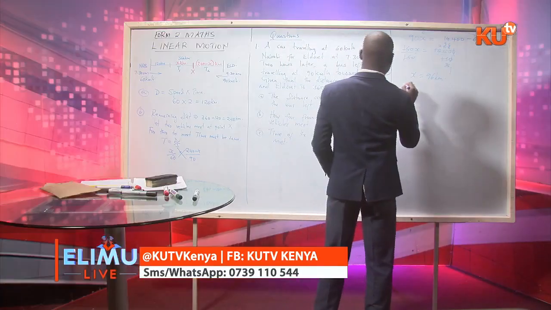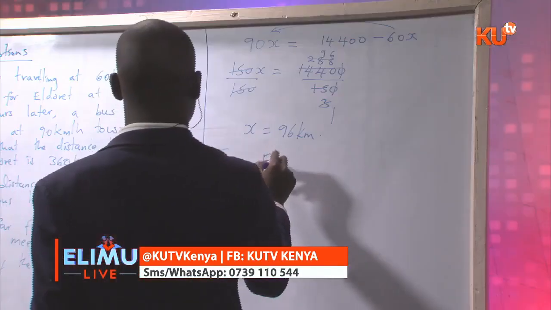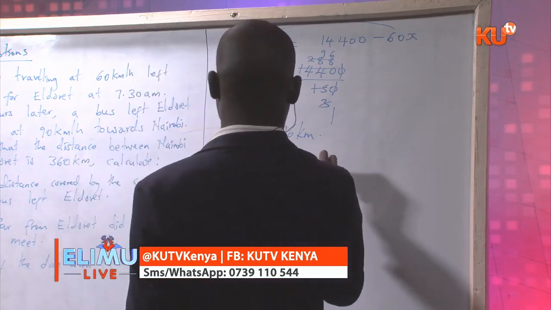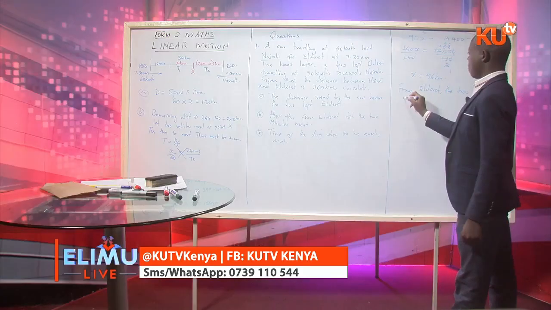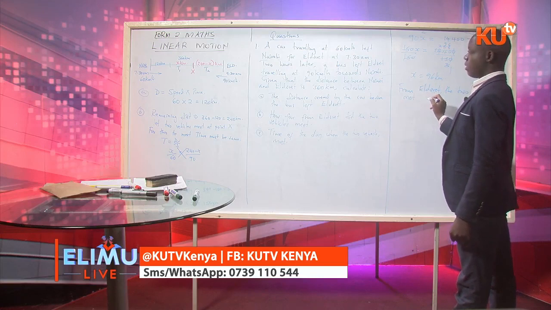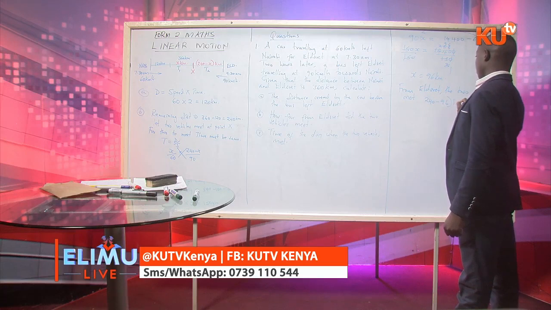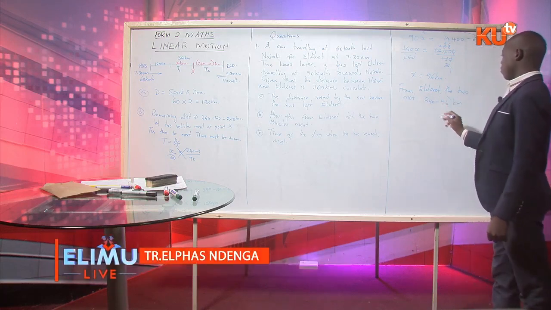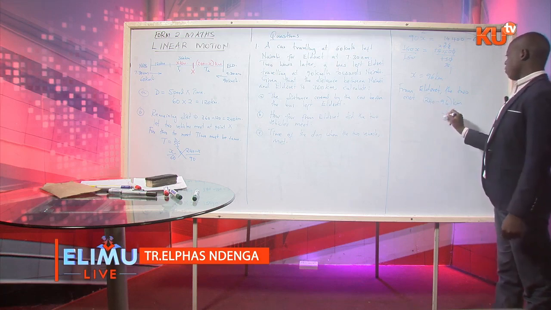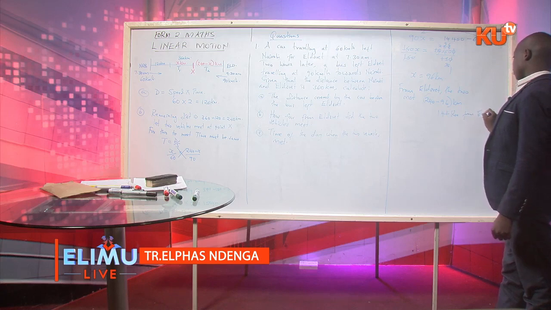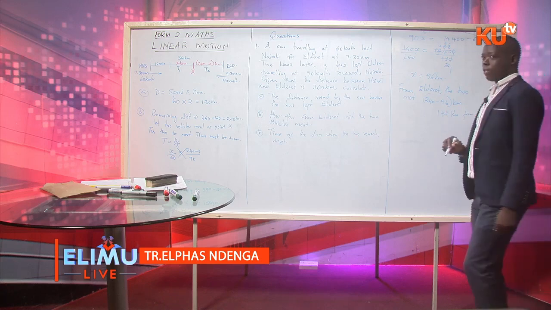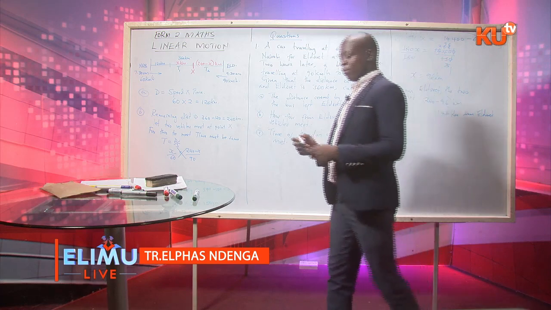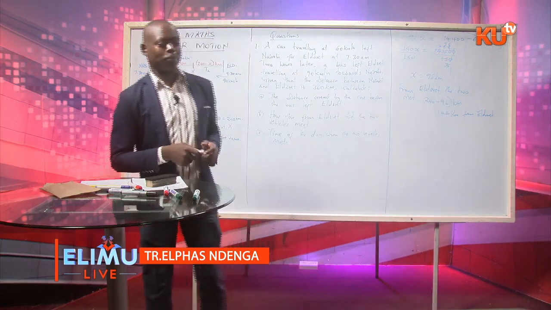From Eldoret, the two met 240 less 96 kilometers, which is 144 kilometers. So our answer is 144 kilometers from Eldoret.